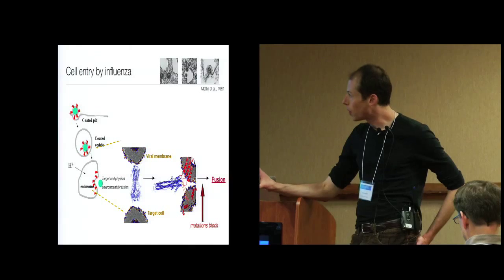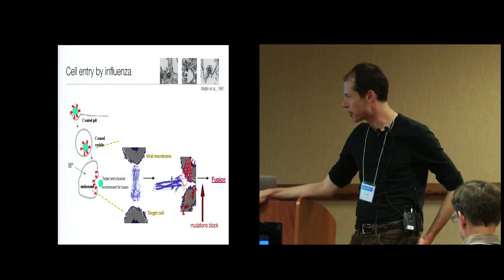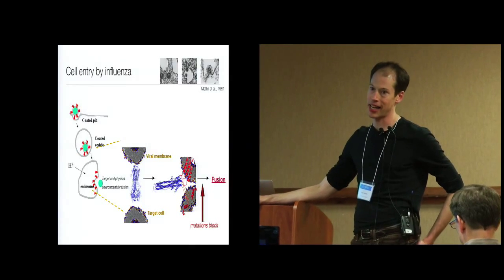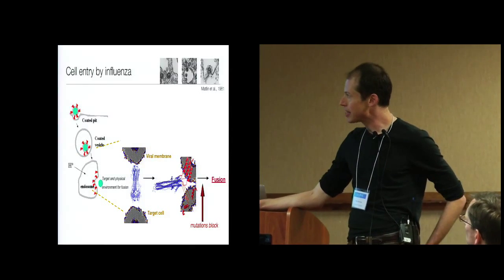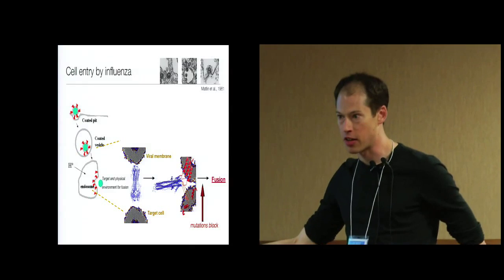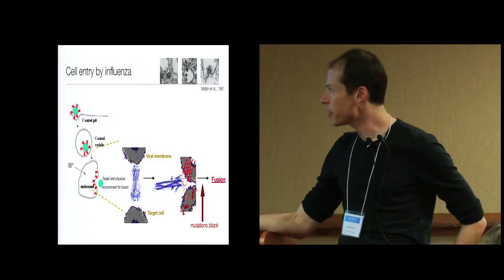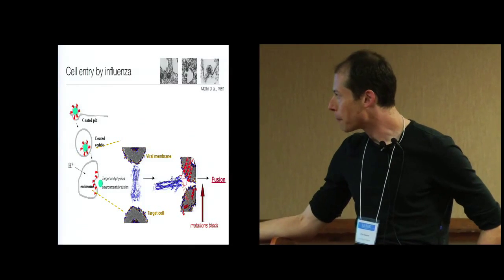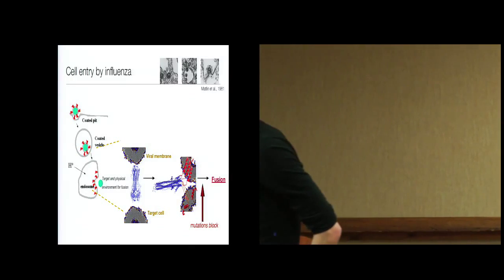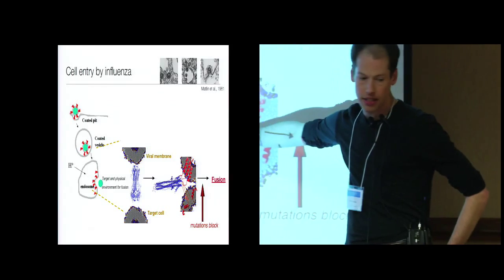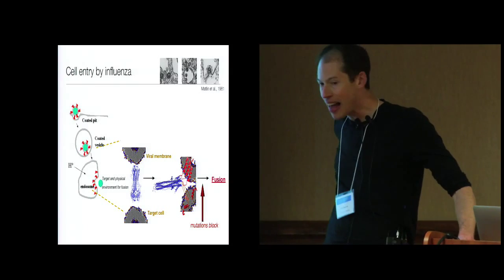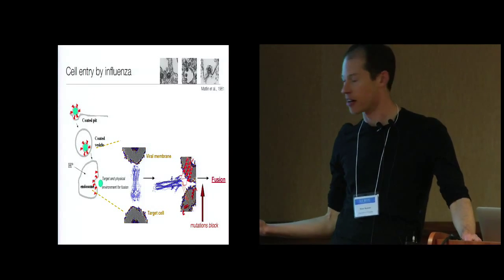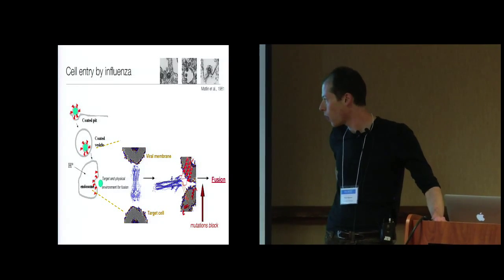What's wonderful about flu as a system is that there are fairly long-standing mutational data that show that as the virus gets taken up into endosomes and acidification of the endosomes triggers conformational changes in the viral coat proteins, this fusion apparatus here is analogous to the fusion apparatus in synaptic exocytosis and a lot of other viral systems as well.